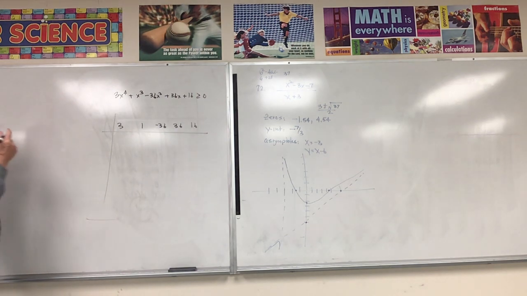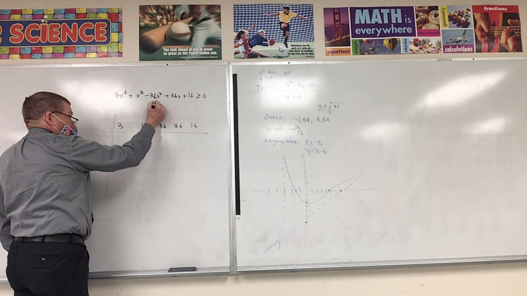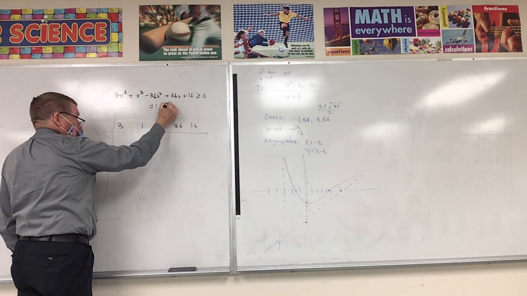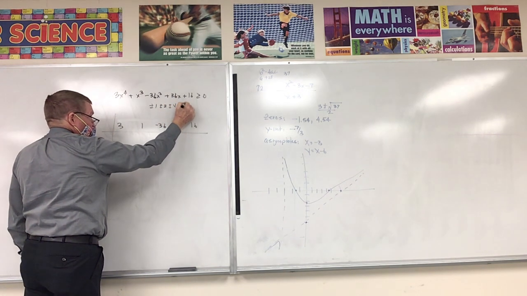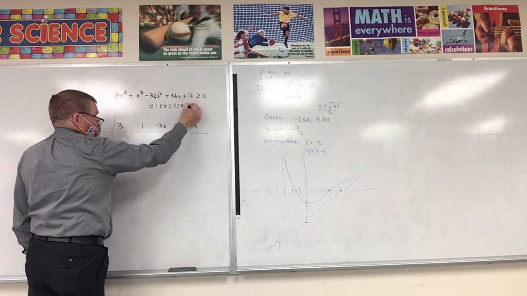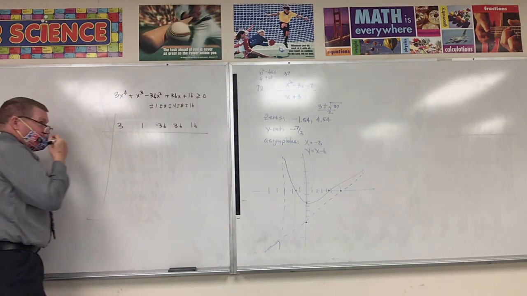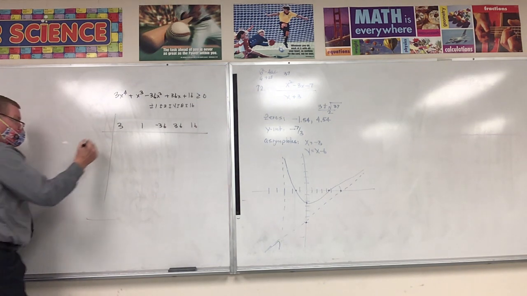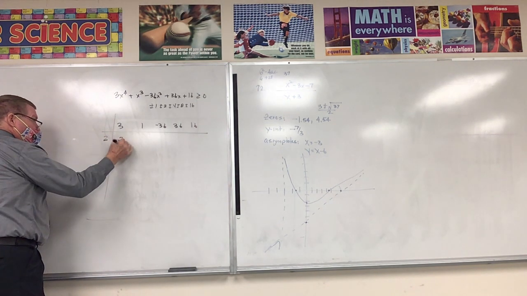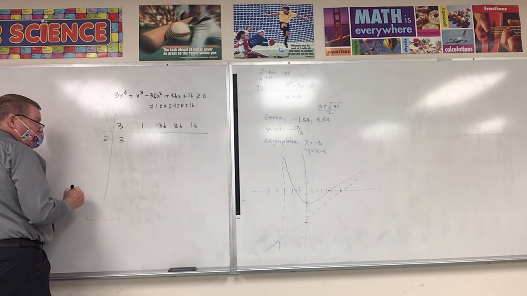Alright, what's my possible zeros? Plus or minus 1, plus or minus 2, plus or minus 4, plus or minus 8, plus or minus 16, and then we have some fractions in there as well. But those are the beginning ones we're going to try. Which one you want to try? 2? And 3, 2 times 3, 6.